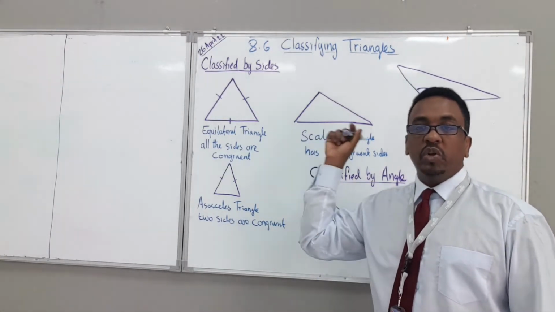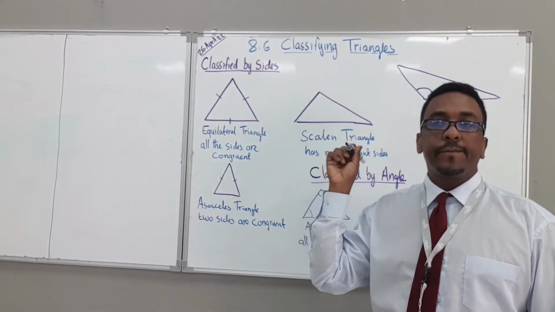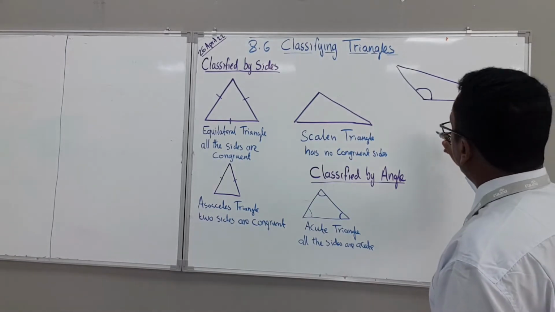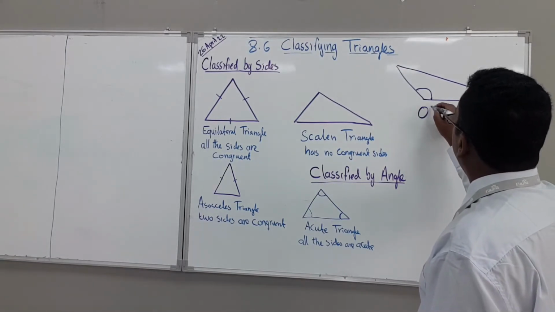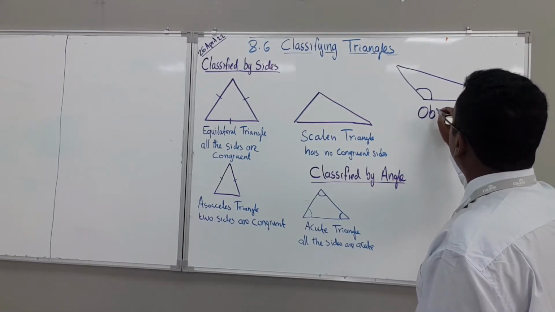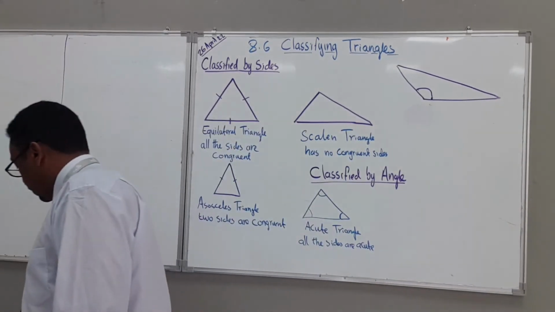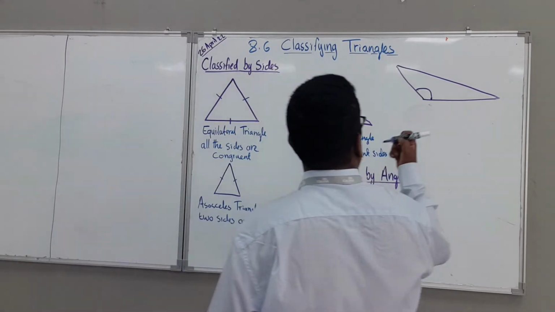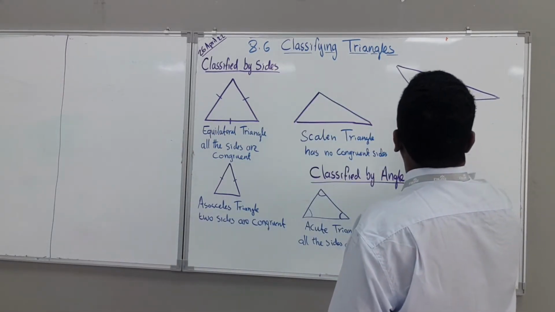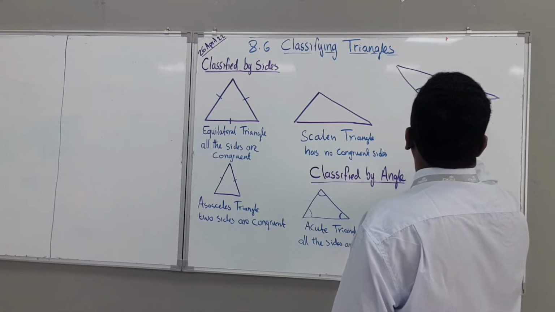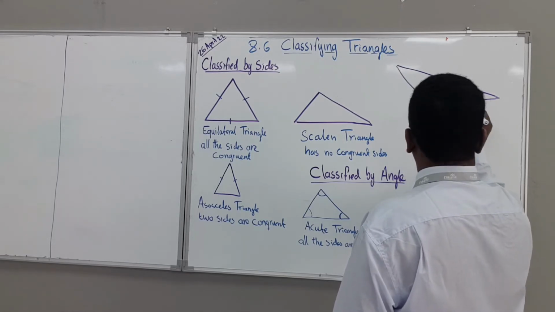Okay. So what should we call this one? Obtuse triangle. We call this obtuse triangle. So let's write that down please. So we call it obtuse. Okay, obtuse triangle. Let me use the same color. So write it down.